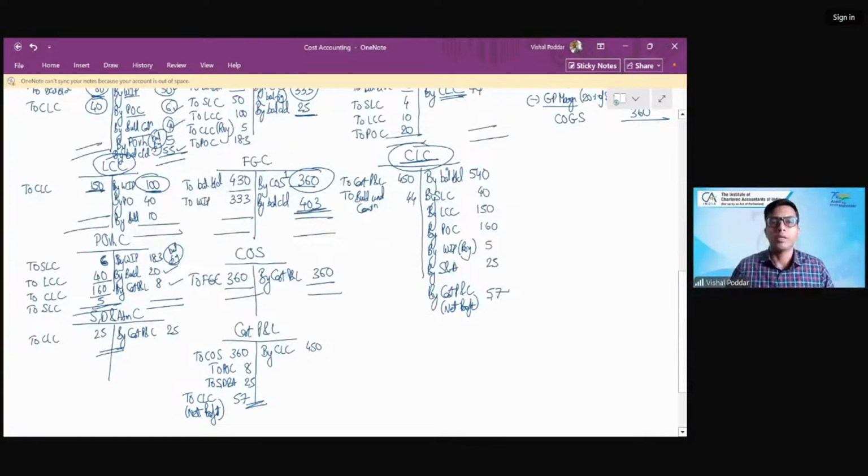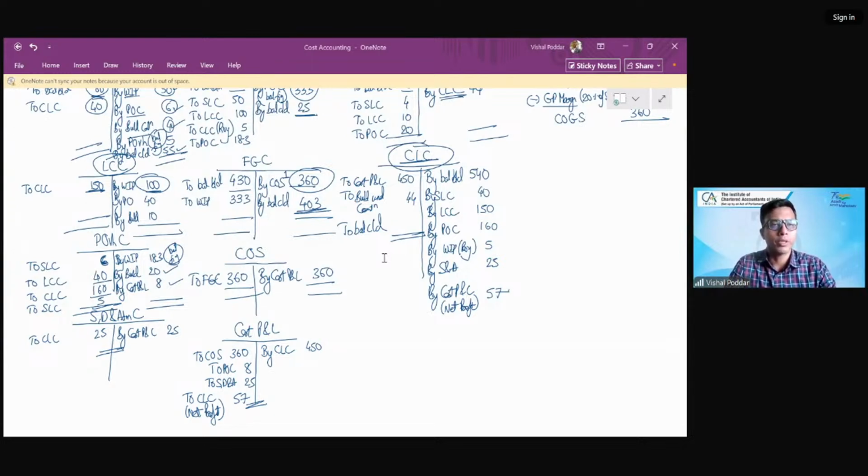And now finally, I'll get the balancing figure, which is the last answer or last value I have to determine. How much it is coming? Please check and confirm, students. Okay, Anurag is saying 483. Tejasvi is saying 883.